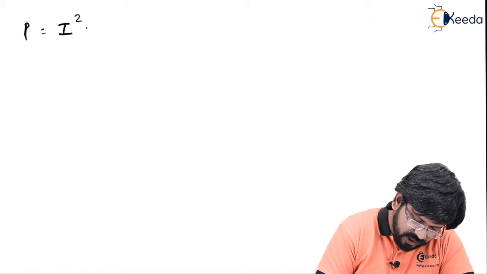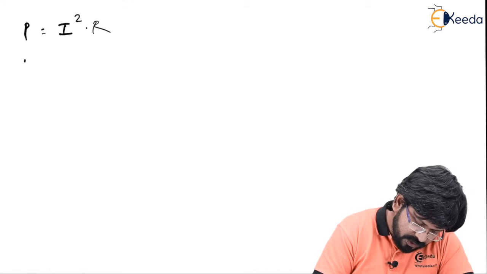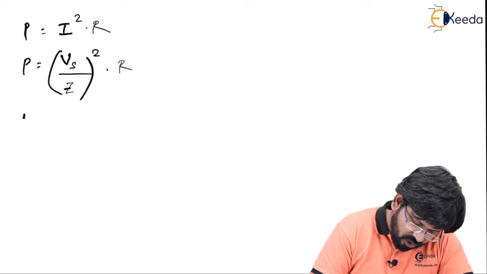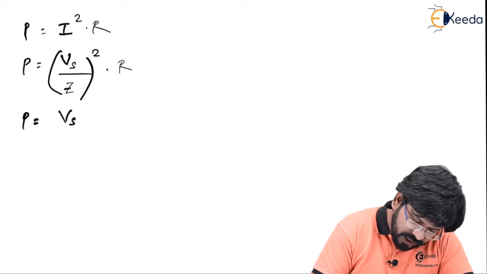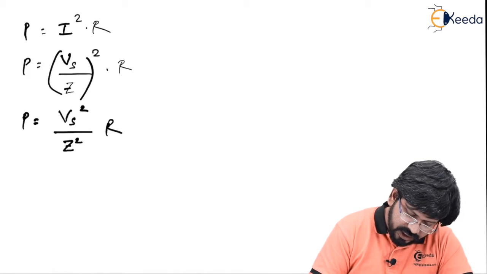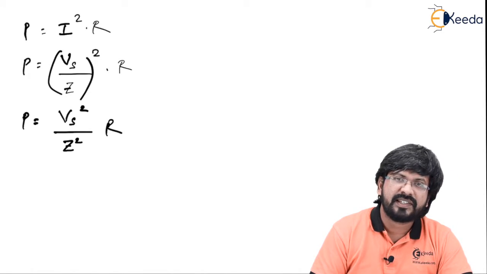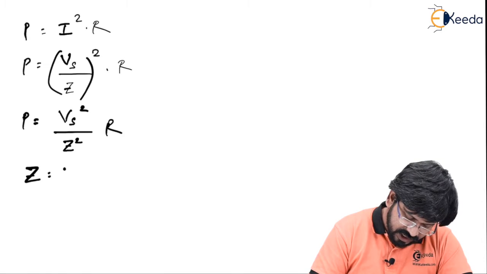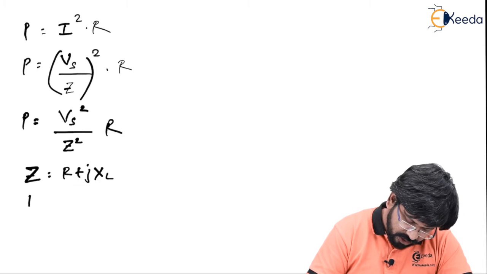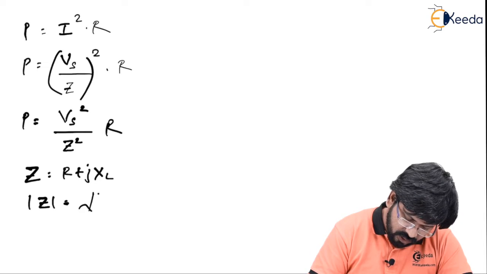given as I square times R, where by Ohm's law I can replace I with Vs upon Z whole square times R, or I can write P equal to Vs square upon Z square into R. In fact, it is RL series circuit, so I can say Z equal to R plus JXL, or magnitude of Z is under root of R square plus XL square.